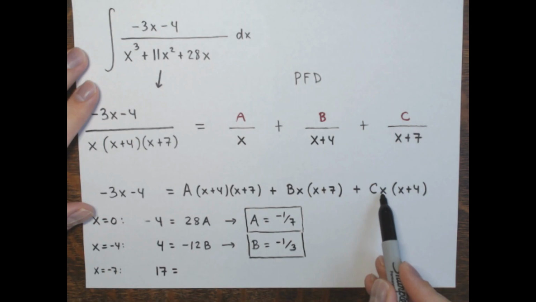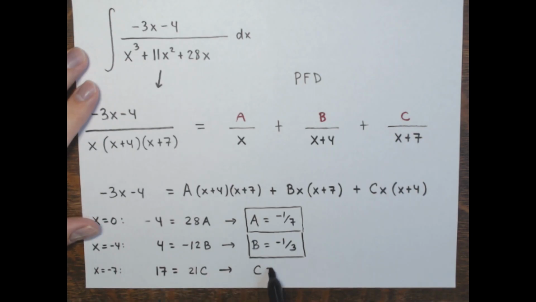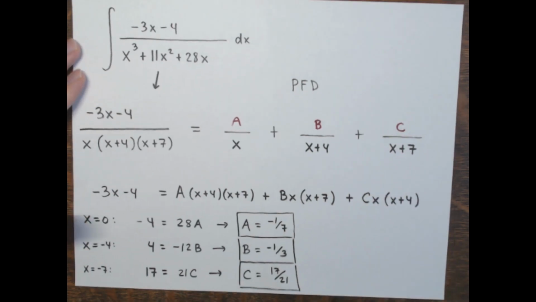So negative 7 times negative 3, that'd be positive 21C. And then just simply divide by 21. So C is 17/21. All right, now I'll put that here in the PFD.